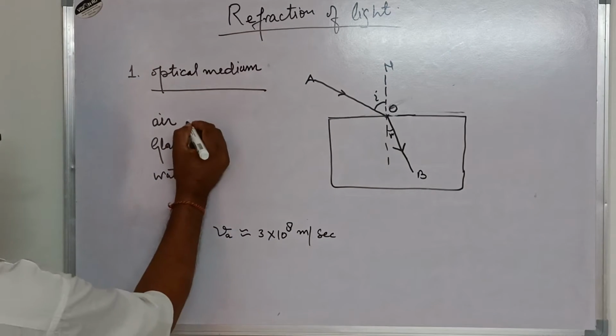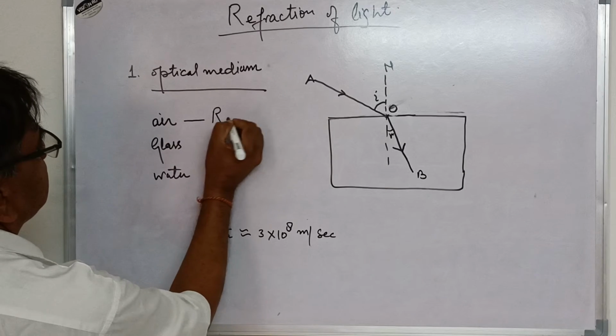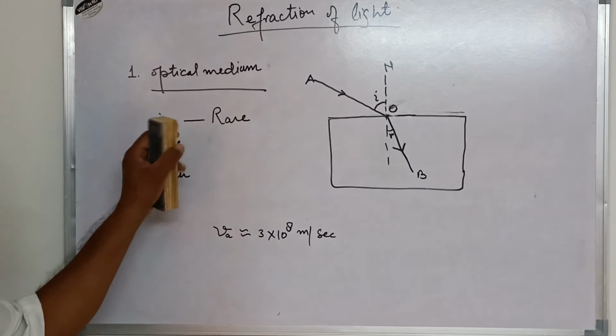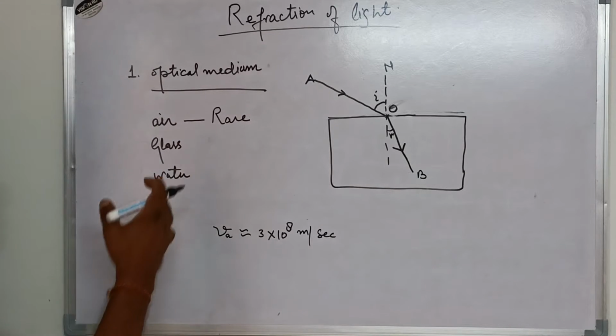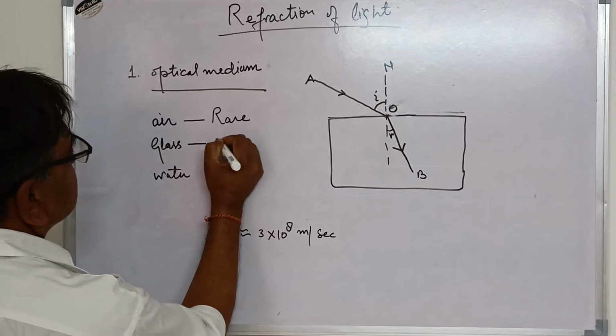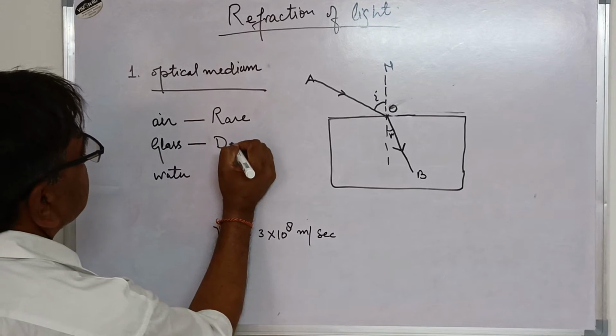So air is the rarer medium, meaning it has faster velocity, and glass is called optically denser.